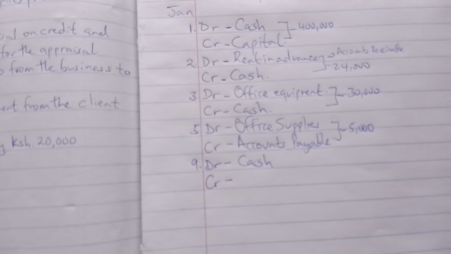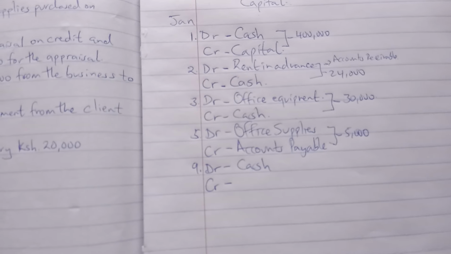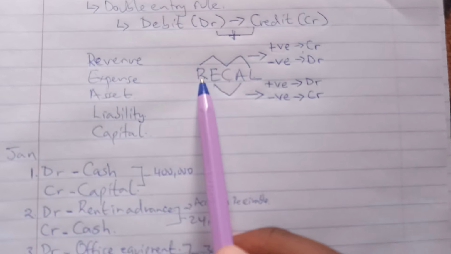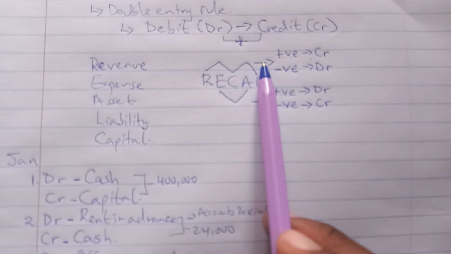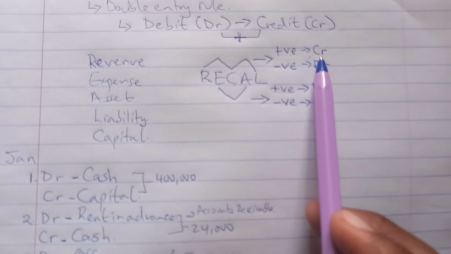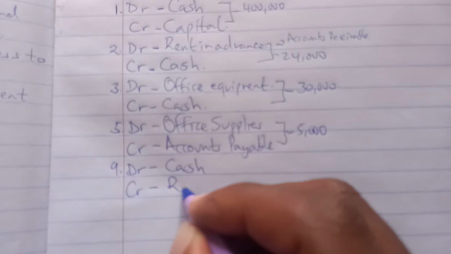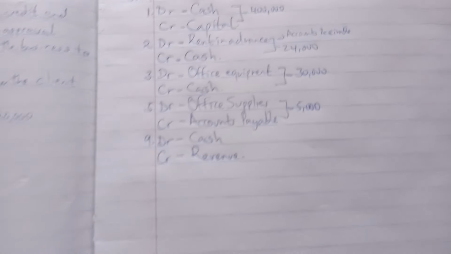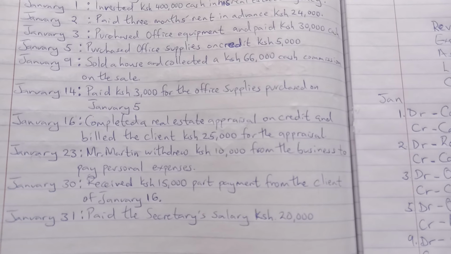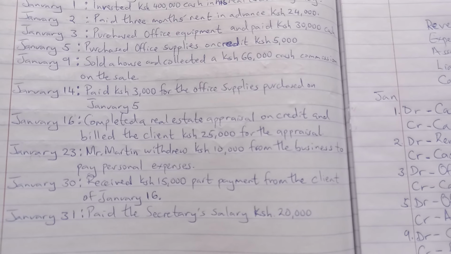I've just said that the 66,000 is revenue to the business, and if you look at our mnemonic, R represents revenue, and in this family a positive increase will result to a credit. So we credit revenue. Revenue is the same as income. So I hope that one is clear. So we move to the next transaction.